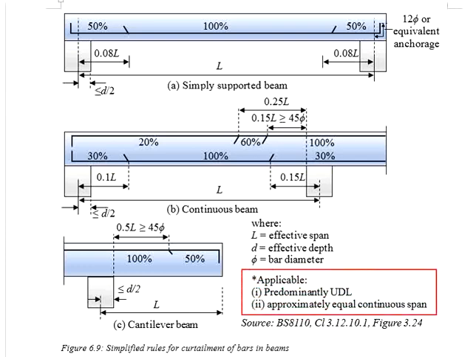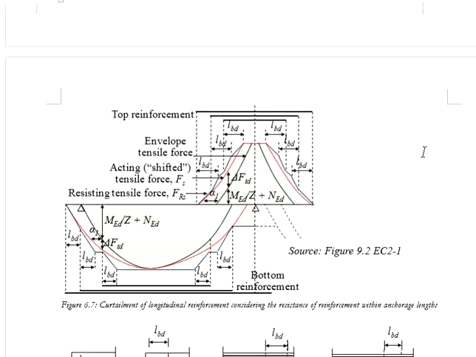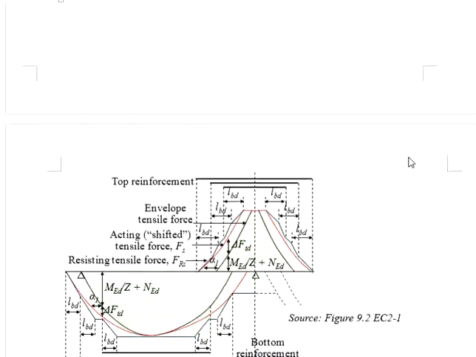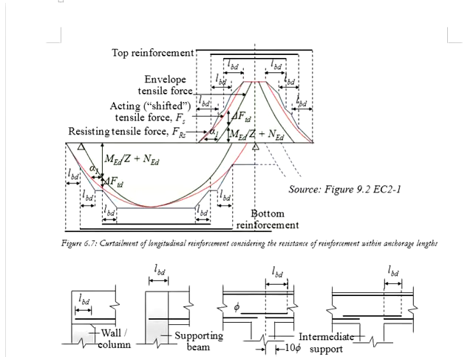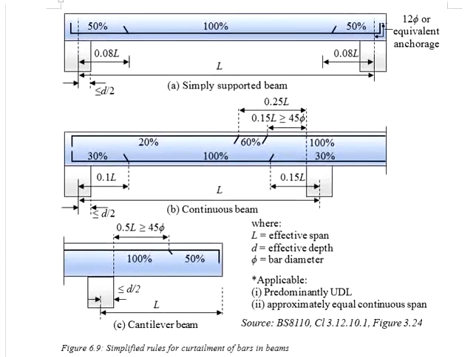Now, if these conditions are not applicable, there are two options that you can go with. One is dealing with the fundamental approach, either the simplified method or the Eurocode method. Or if you still wish to maintain the simplicity, probably you just forego the curtailment. Just that you have to pay extra care to the potential congestion of the reinforcement at the support.